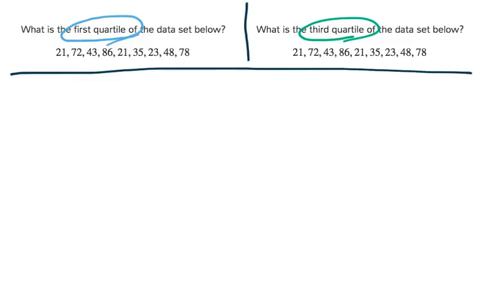So what we're going to do in order to find the first and third quartile, we're going to line all of the data up from least to greatest. So let's go ahead and look at our minimum values.